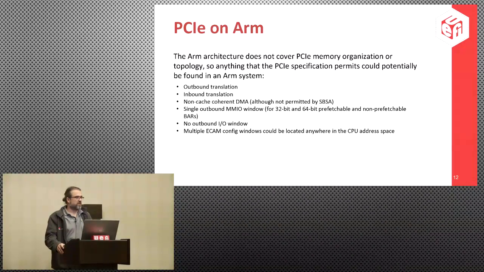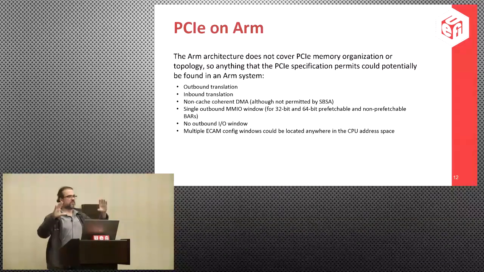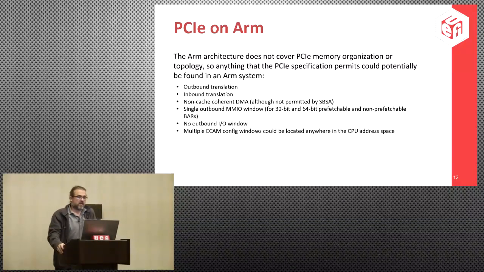In PCs, everything is identity mapped, everything is coherent, everything just looks very boring. But what we see in ARM systems is that BAR accesses are different. The BARs are in a PCI address space which is not identity mapped on the CPU side. DMA is also not identity mapped, so there is inbound translation.